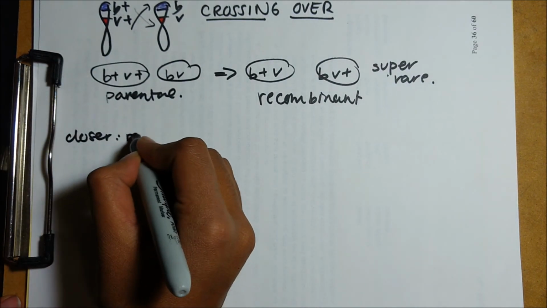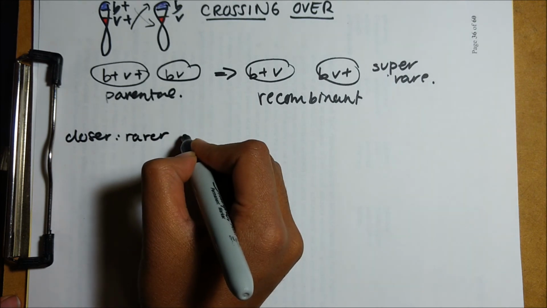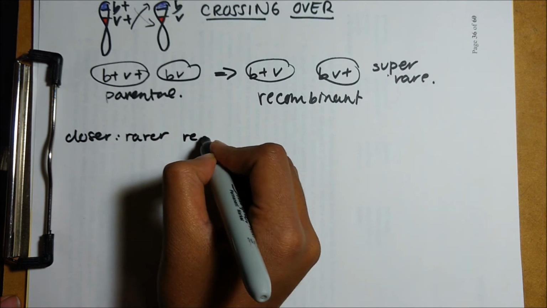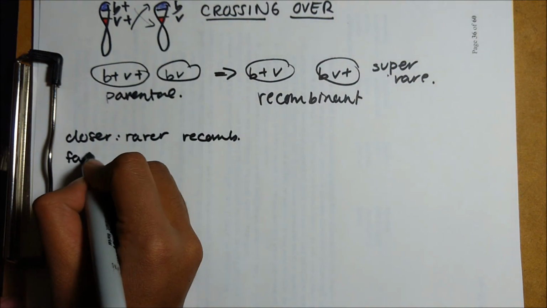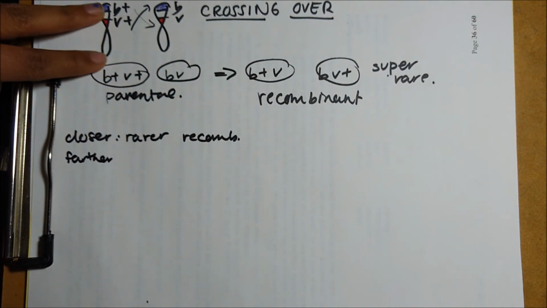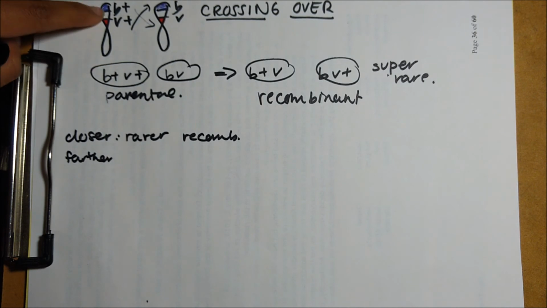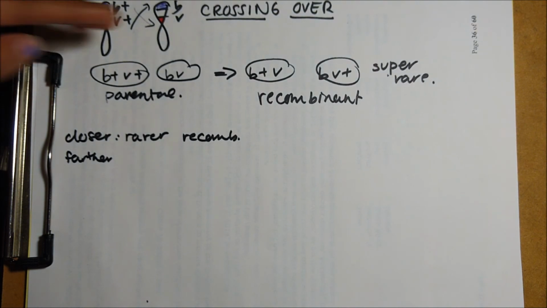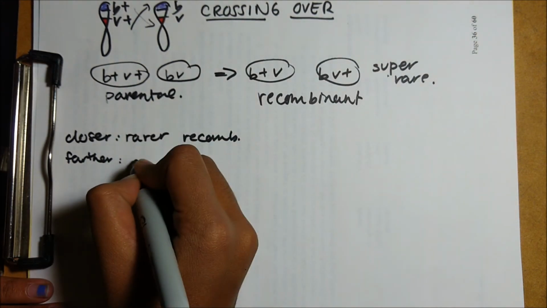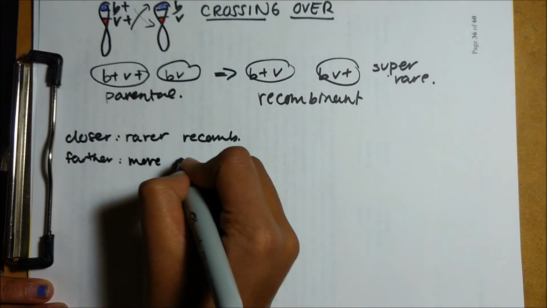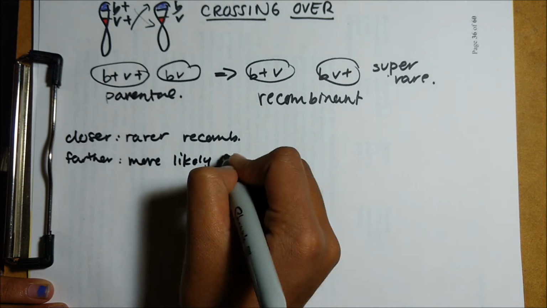So the closer they are, the more rare that the recombinants occur. The further apart they are, if they're on like opposite sides of the chromosome, the larger this white space, and there's more places for it to be cut during crossing over. So more likely to get the recombinants.